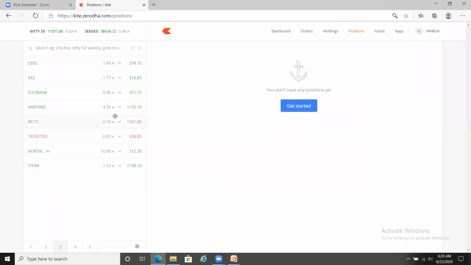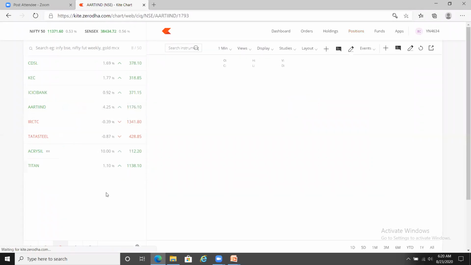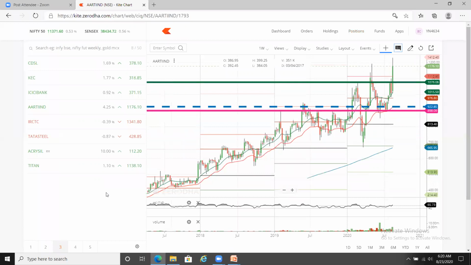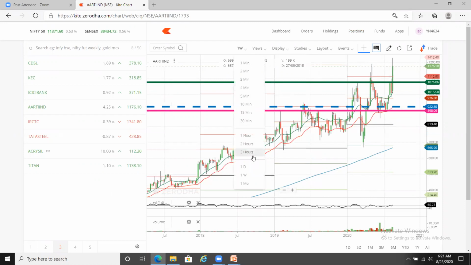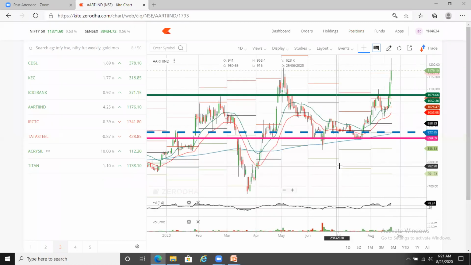As you can see, I will open the Aarti Industries chart and go back to the 4th of July. This is the weekly chart. Weekly chart is something which I mostly use because I personally prefer to play positional, and weekly chart is the best for that.